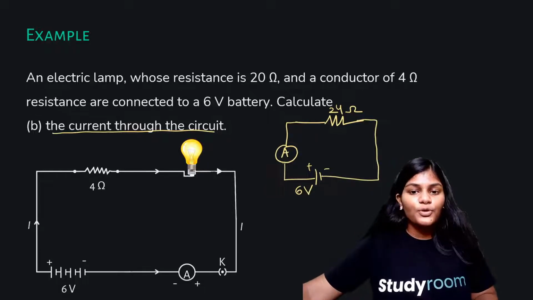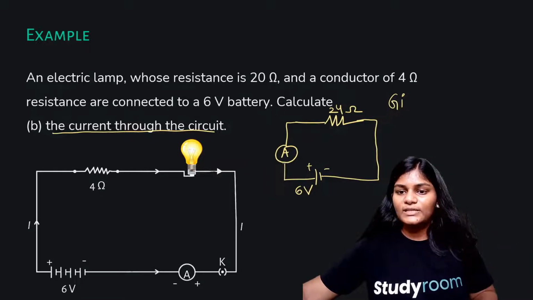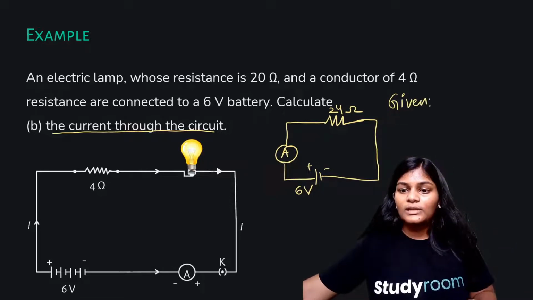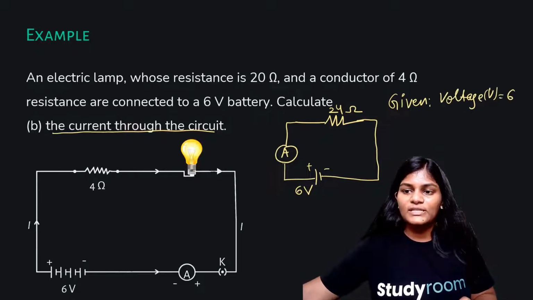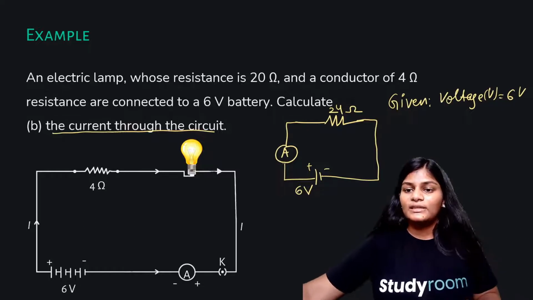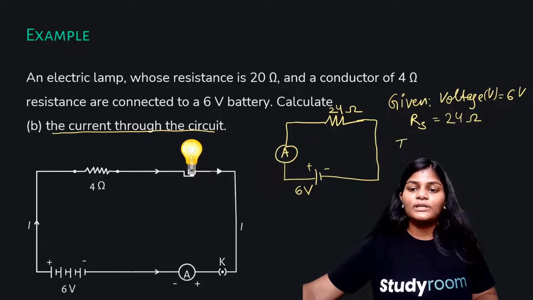Now, what do we use? Again we write the given things, or what we have actually calculated in this case. We know that the voltage V is 6 volts, the battery. Then we know that the total or equivalent resistance R is 24 ohm, and we have to calculate the current.